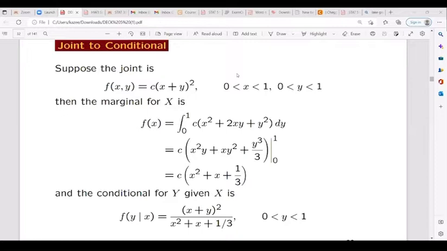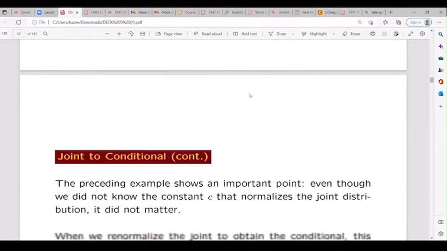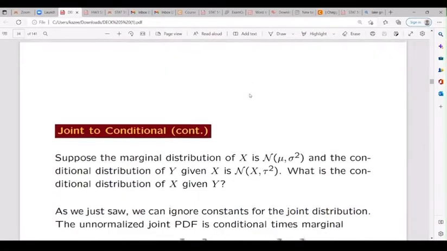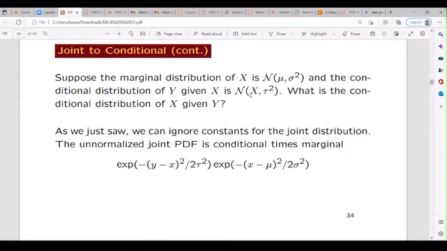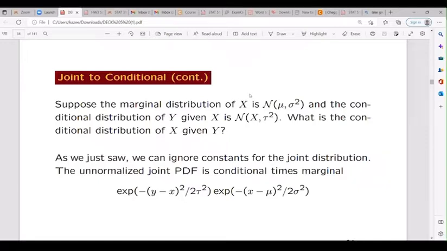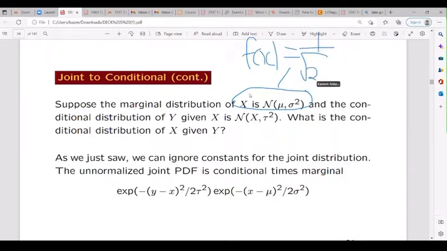Okay, now I want to move to a complicated one. I want to talk about normal distribution, but this time, initially before, you remember when X follows a normal distribution, we normally write it this way: f of x equals 1 over the square root of 2 pi sigma squared, exponential raised to the power minus half, x minus mu squared, over sigma squared.